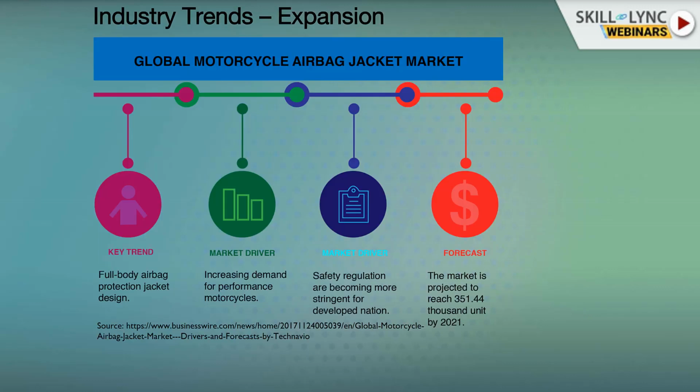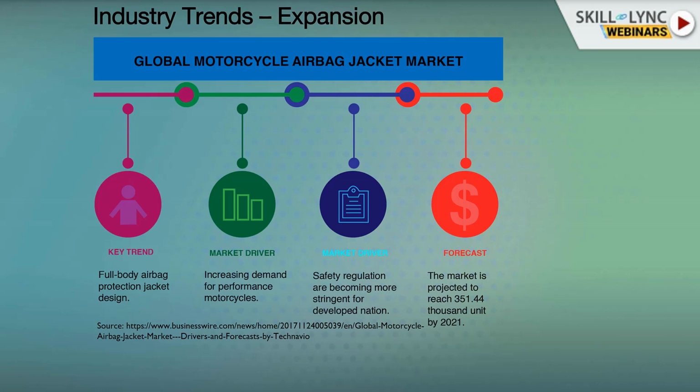Coming back to the expansion area, not only for four wheelers, airbags are also being developed on par for motorcycles. You can see there is an expected projection of about 3500 thousand units for the upcoming year.